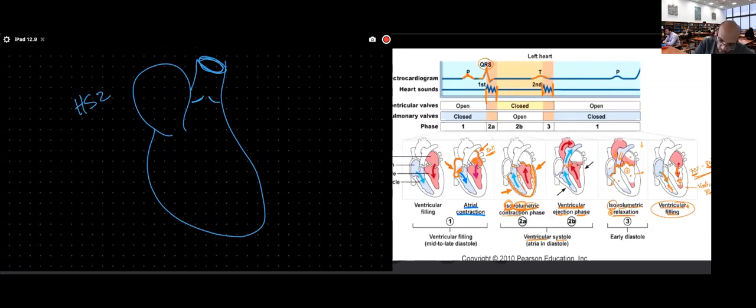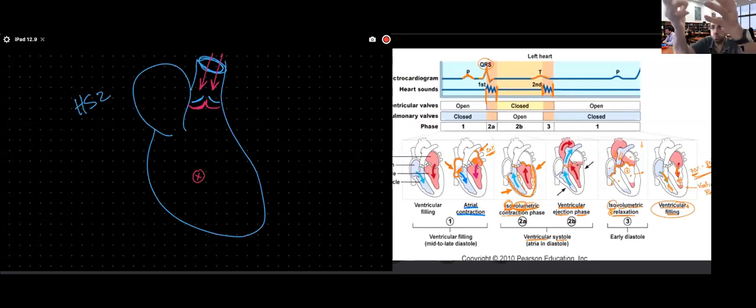If the blood is going to be trying to move back from the artery, either the pulmonary trunk or the aorta, back to my ventricle. If the blood is trying to move backwards, what's going to happen? This will push the cusps down, closing the semilunar valve.